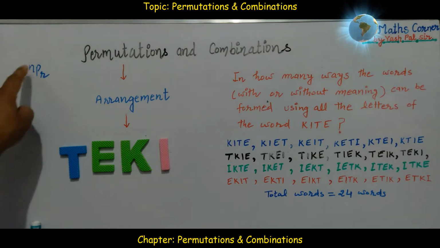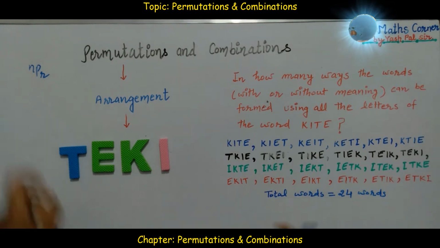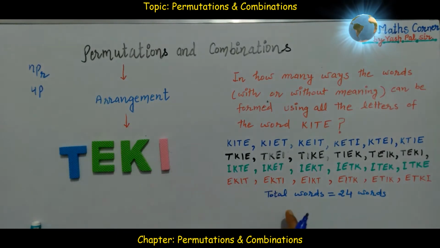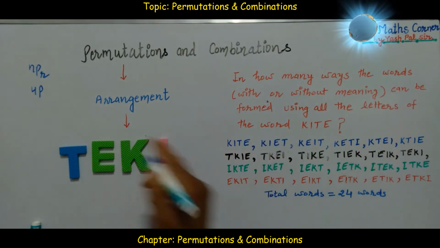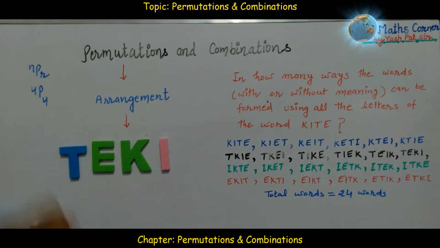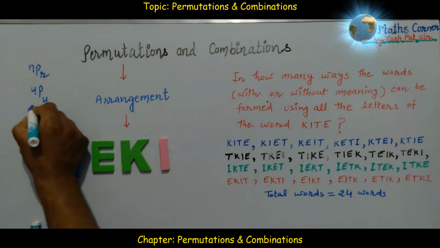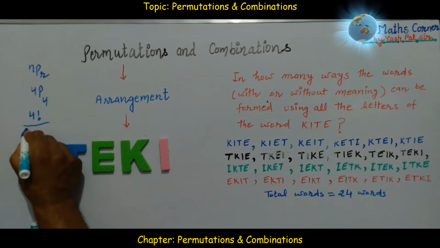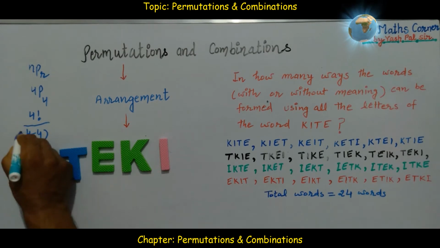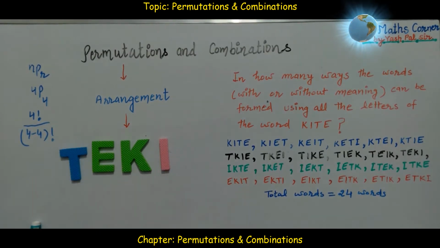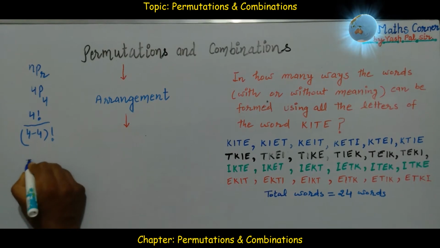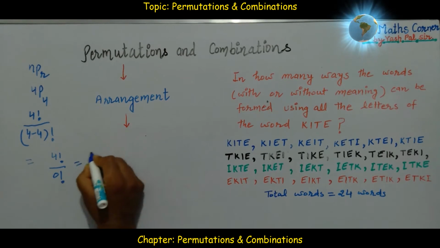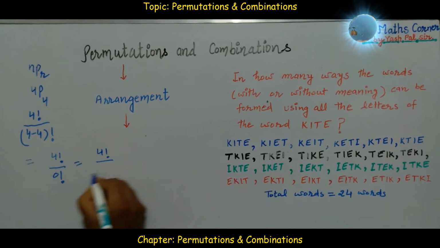Here n means the total number of letters, which is four. Out of how many are we going to arrange? All four letters, so 4P4. What is the meaning of this? It means 4 factorial divided by (4 minus 4) factorial, which is 4 factorial divided by 0 factorial, and 0 factorial means 1.